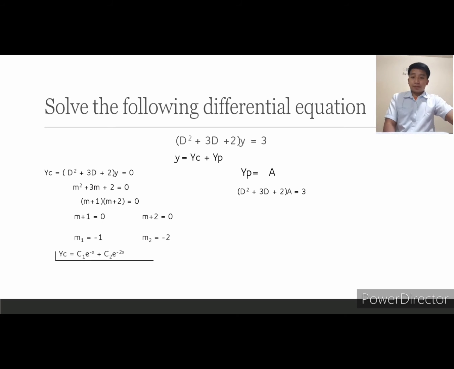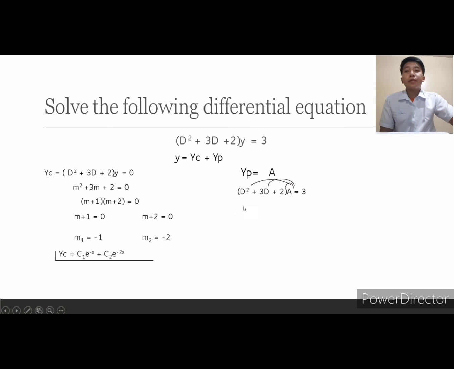So after that, kapag didistribute po natin, ibig sabihin dito sa D squared, isa second derivative natin. So ano po ba ang first derivative ng constant?